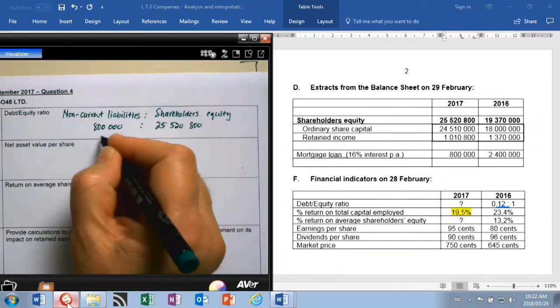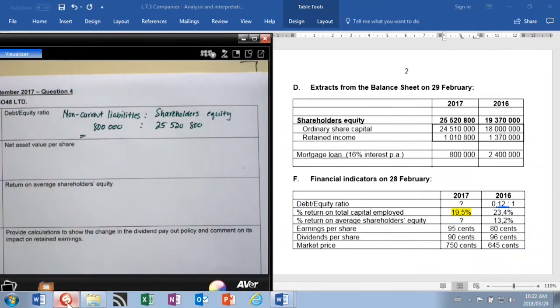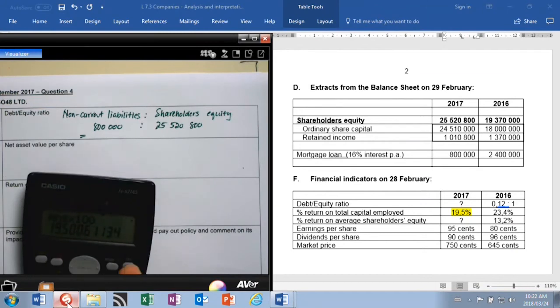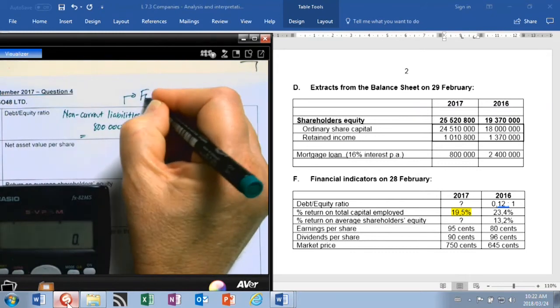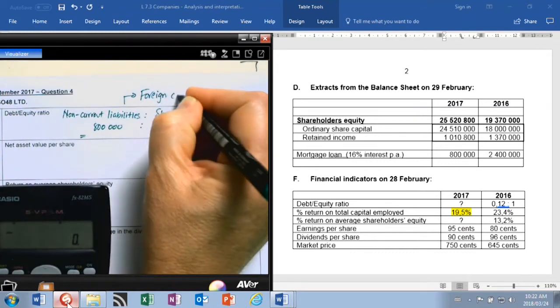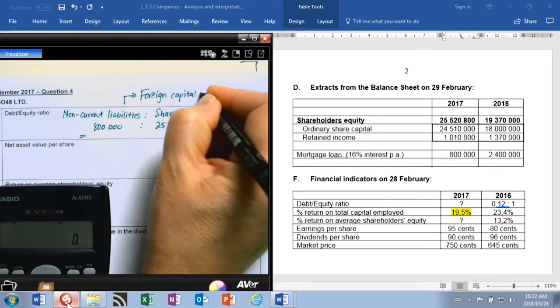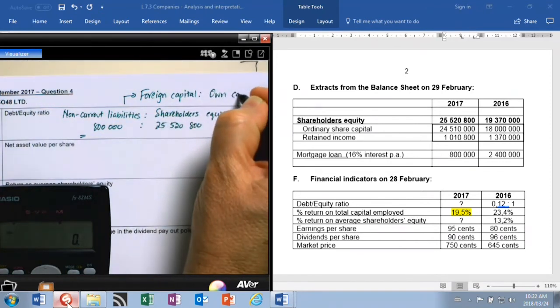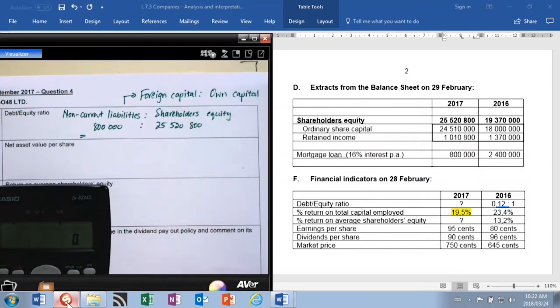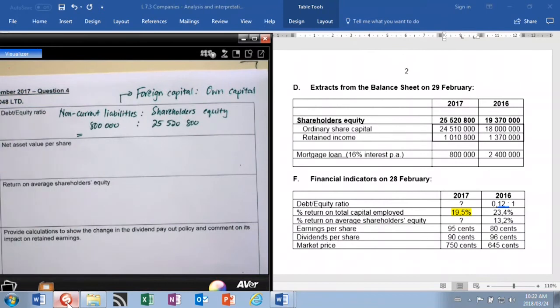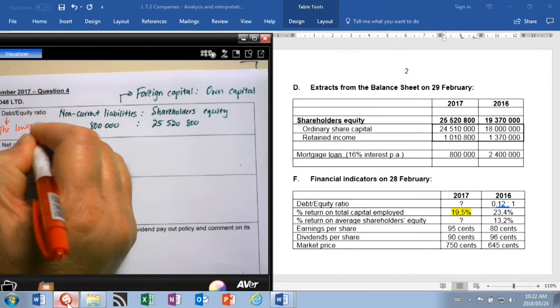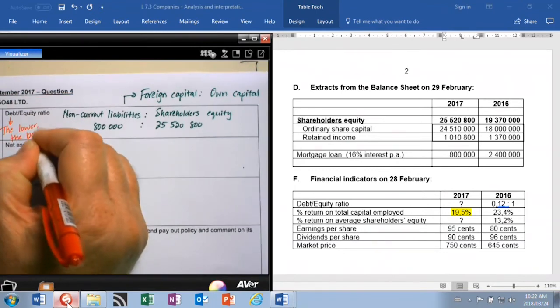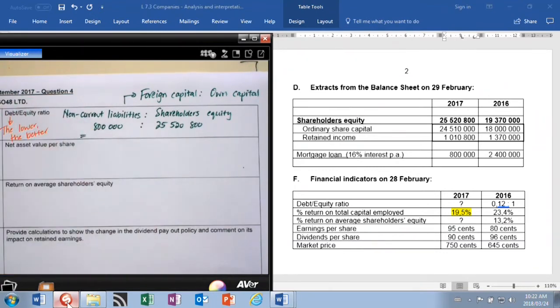25520,800. And I will promise you this will be a very, very good debt equity ratio because can you see how small is our loan? What are we busy calculating? Foreign capital to own capital. That is what we're busy calculating there. So the lower, the better. This is the one that you want to be as low as possible, and this one is going to be very, very low.